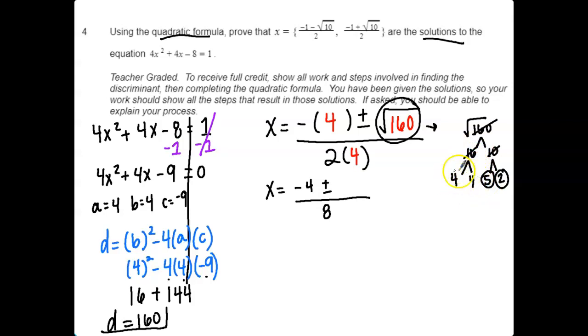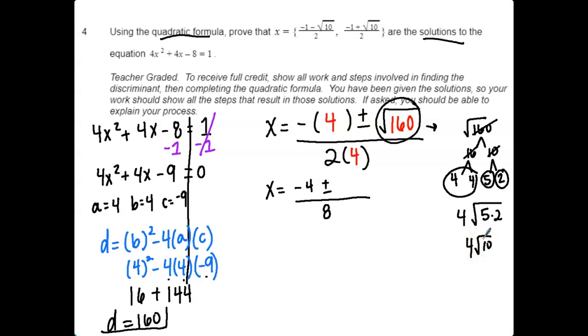Even though 4s are not prime, remember I'm looking for 2 of any number. 16 was a perfect square, which is why it breaks down into 4 and 4. If I have 2 of a number, only one of them goes on the outside, and any numbers that do not have pairs stay on the inside. They're being multiplied, so when I simplify this, it's 4 times the square root of 10.